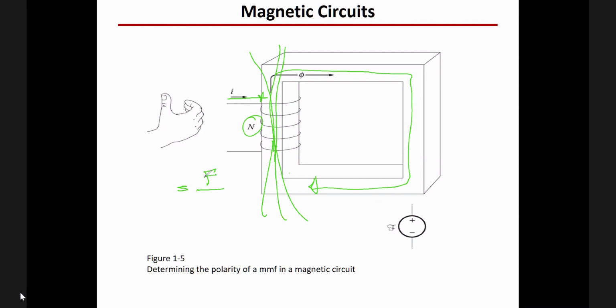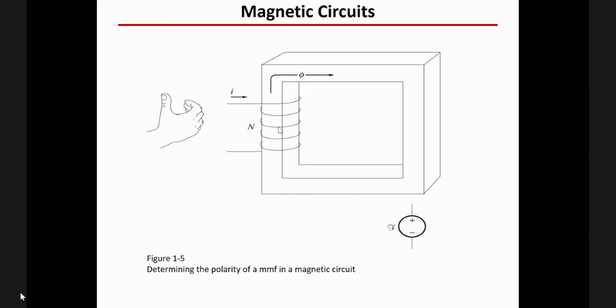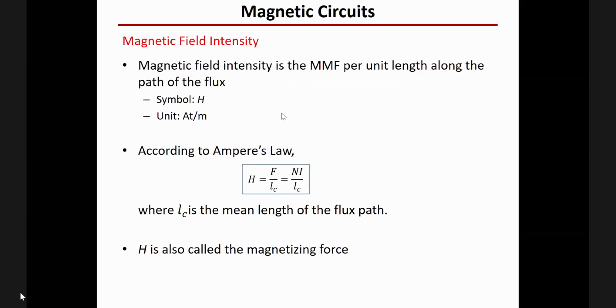Because again, it's F over R, and R for the air is much larger than R for the material, for example. So that's why we use the material, so that we can shape it into a circuit, a path, and also get more magnetic field. So, Doctor, we can call it the medium that carries the flux. Yes, it is the medium.